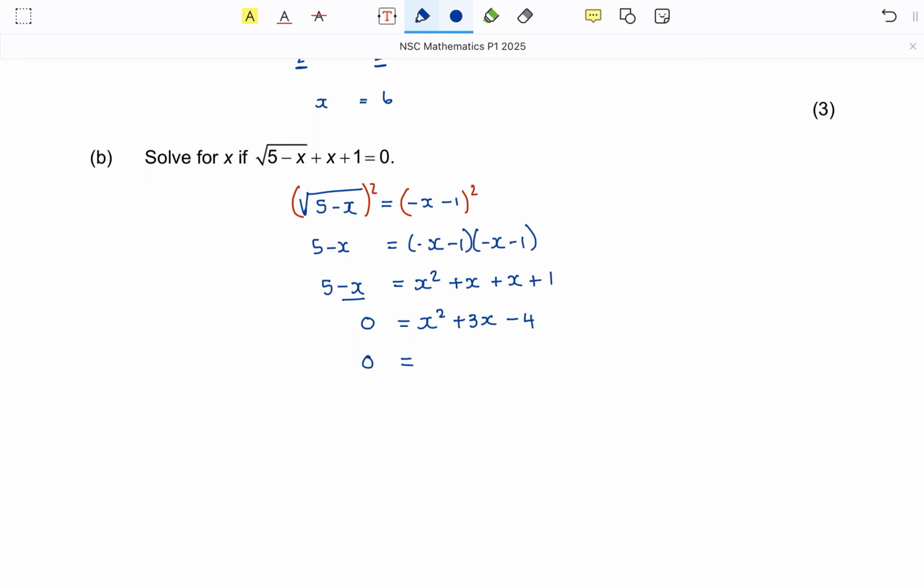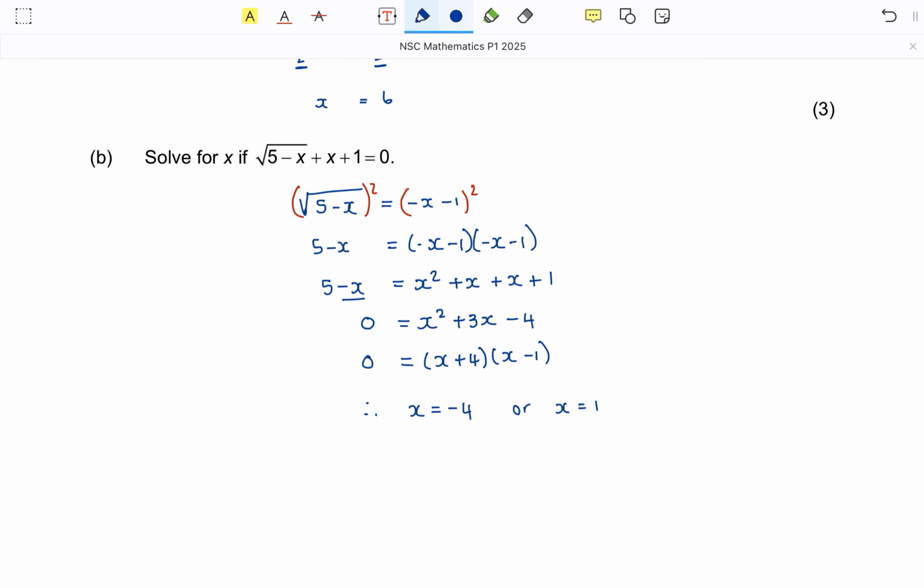So you can do it manually, or you can do it using the quadratic formula. Doesn't matter which one you use, as long as you show a step for factorization. And then we will get two answers. The first answer for x is -4, and then the second answer for x is going to be 1.